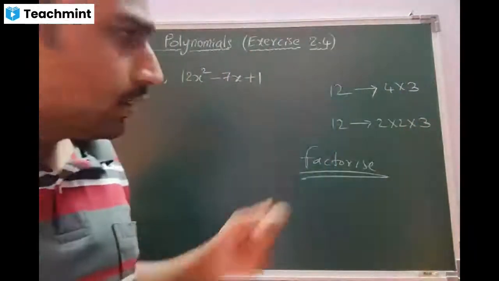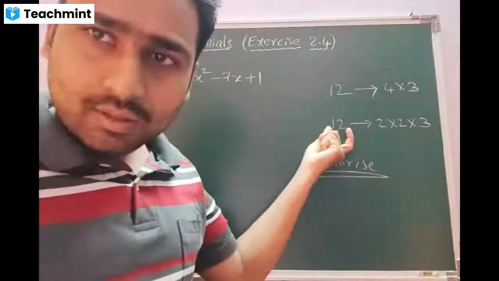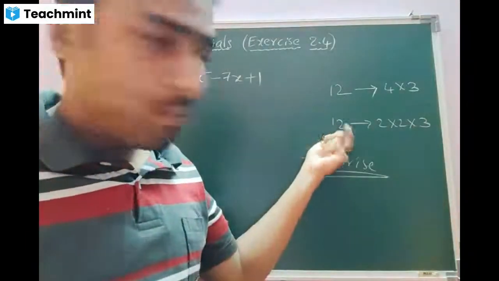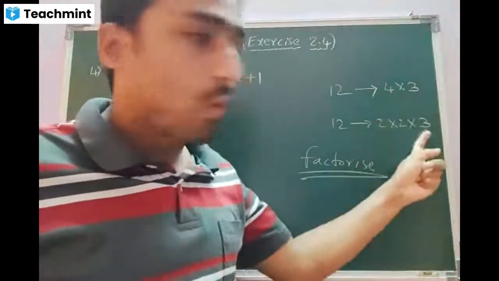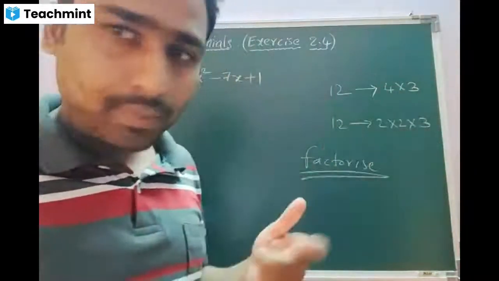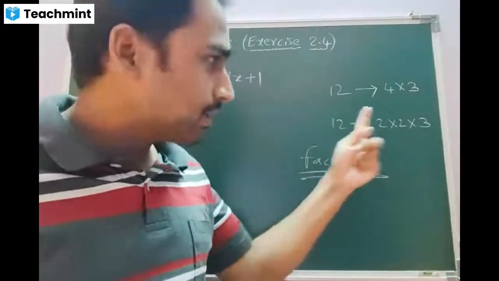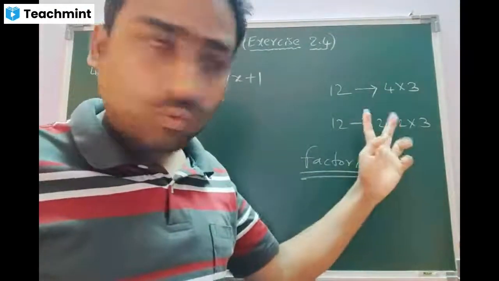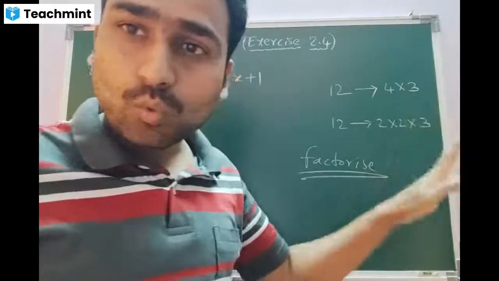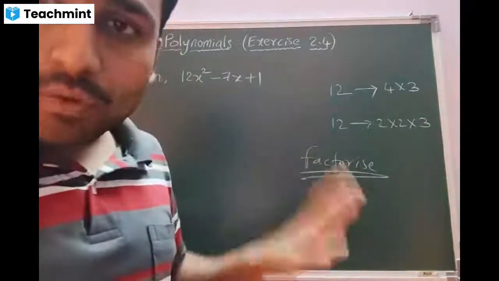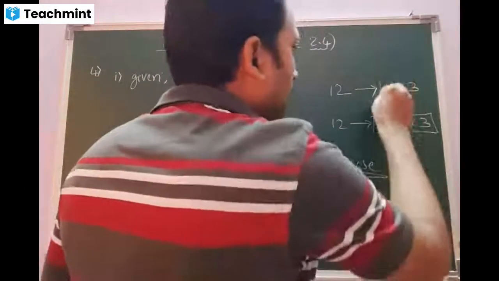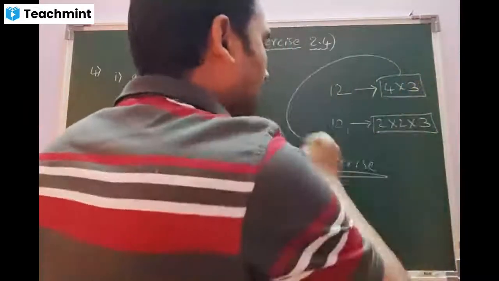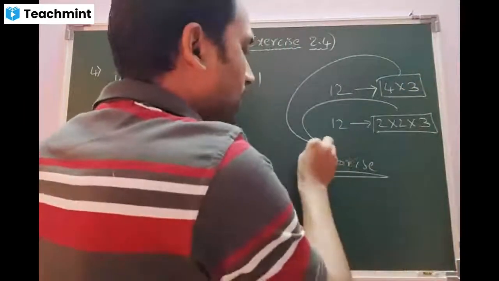What I'm doing is expressing a number in the form of a product of two or more factors. I repeat, a number expressed in the form of a product of two or more factors. Such a process we call factorization.